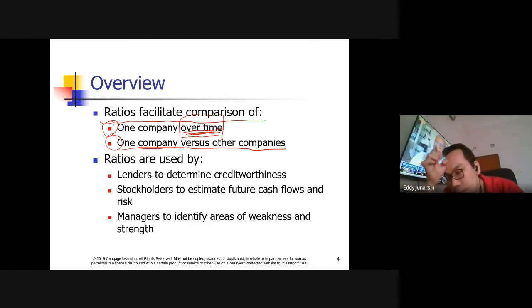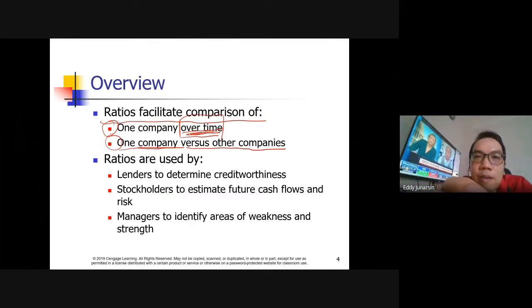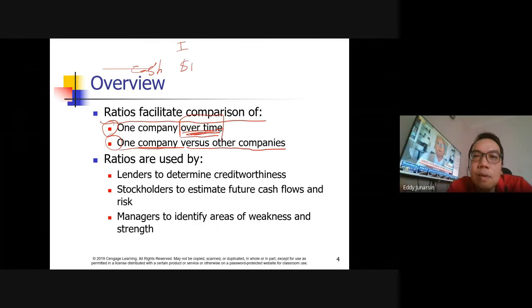So what is the main benefit of using the ratio? I think financial ratios could reduce certain bias that we will find if we simply compare one item over two companies or two individuals or two entities or anything. So you could imagine, if I have two entities, and I check the cash of the first entity, I find out that the cash of the first entity is, let's say, 1 million.